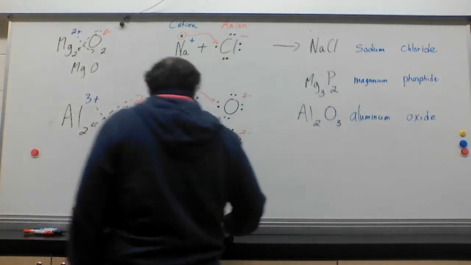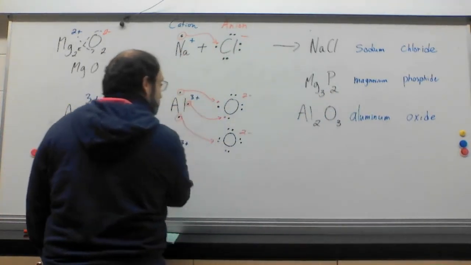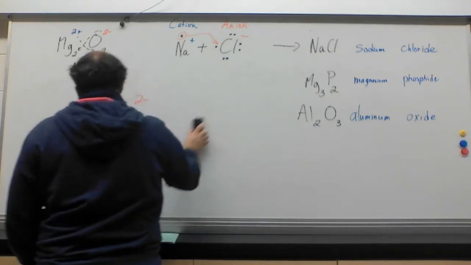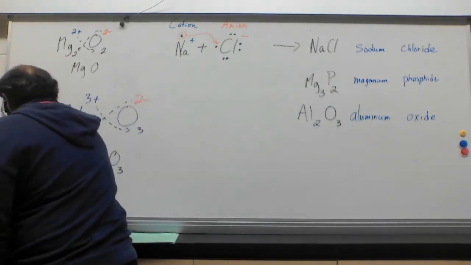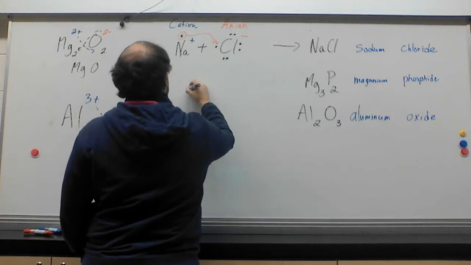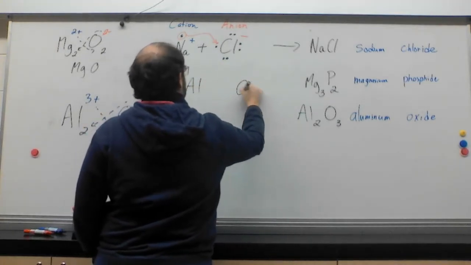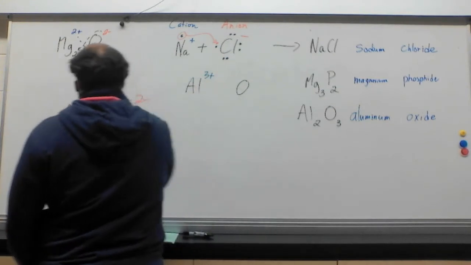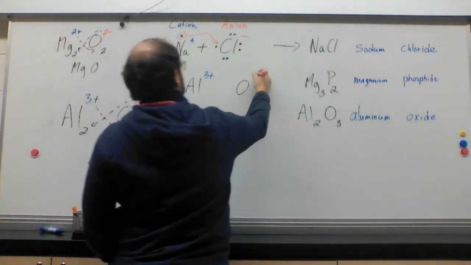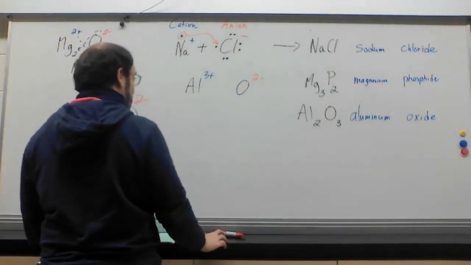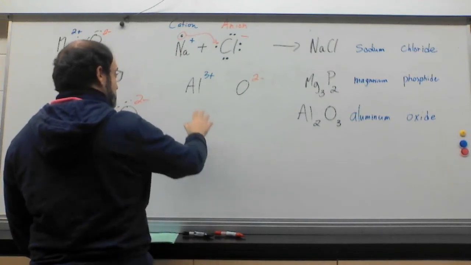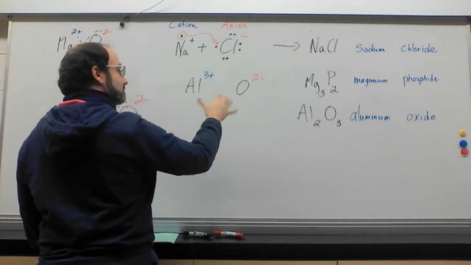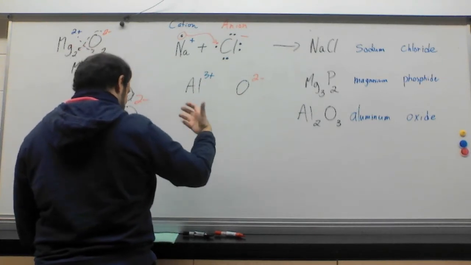The last method that I probably recommend the most is going to be something very simple. We're going to continue with aluminum just because we already know the answer. So aluminum and oxygen. We know that aluminum is 3 plus, and we know that oxygen is 2 minus. So how many aluminums and how many oxygens do I need for these two to be balanced?